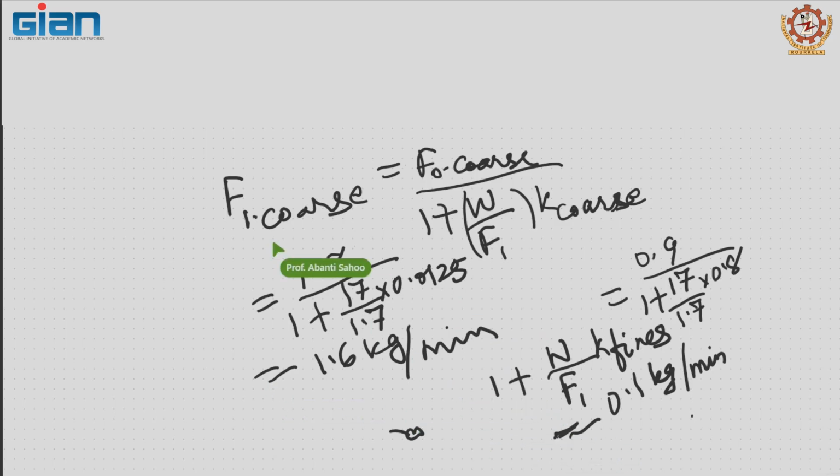When F1 of fines and F0 of fines we got, now F2 of fines we can get, which is F0 of fines minus F1 of fines. F0 of fines is already known and we have calculated F1 of fines.